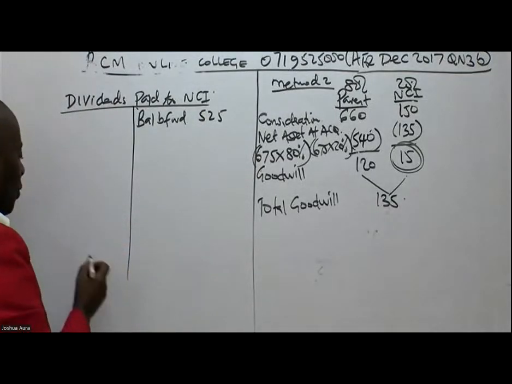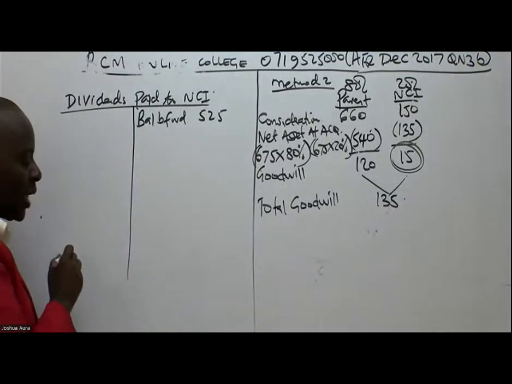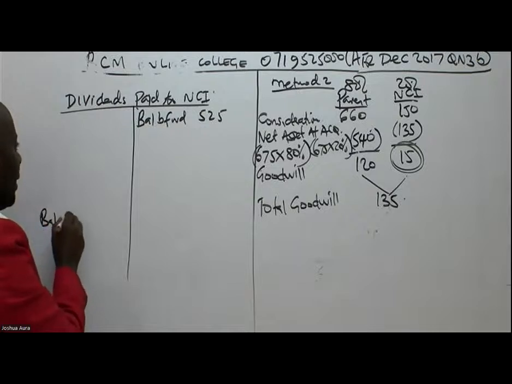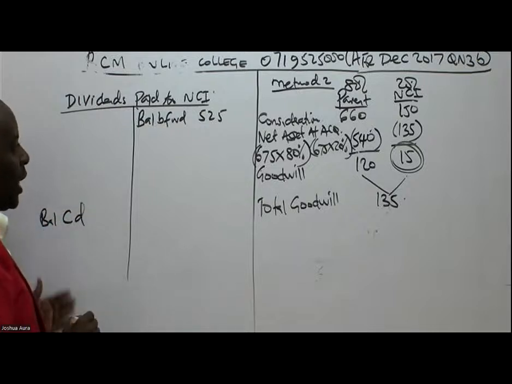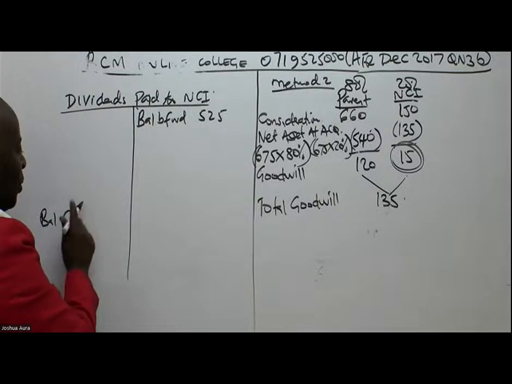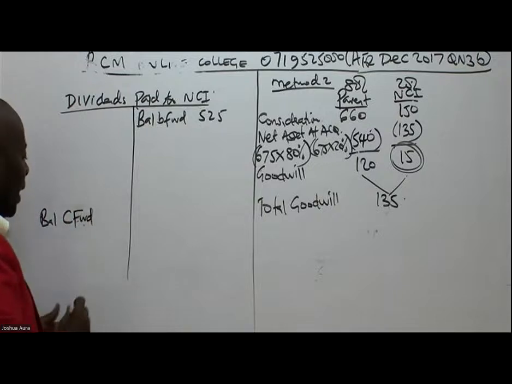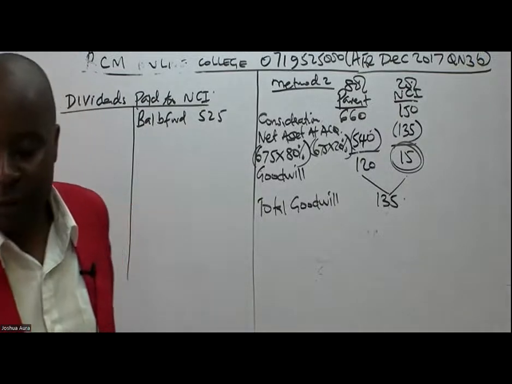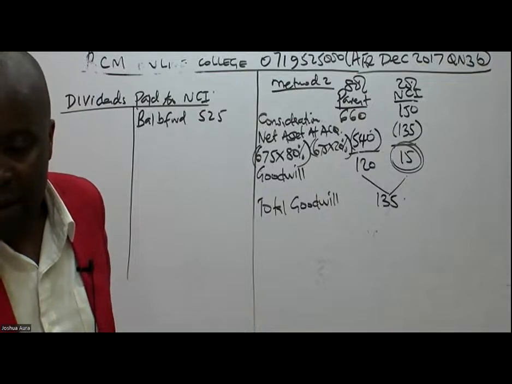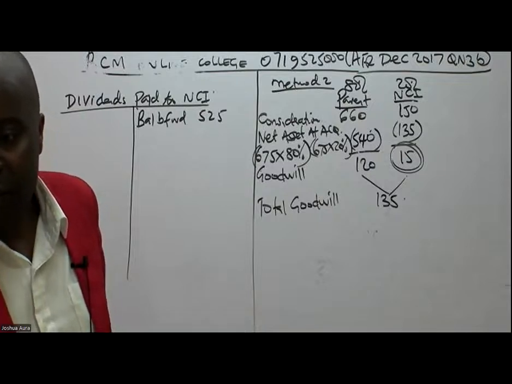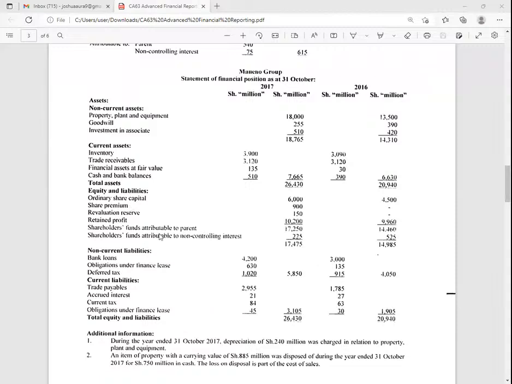And then at the end of 2017, we have a balance carried forward. So balance carried forward for non-controlling interest is 225.